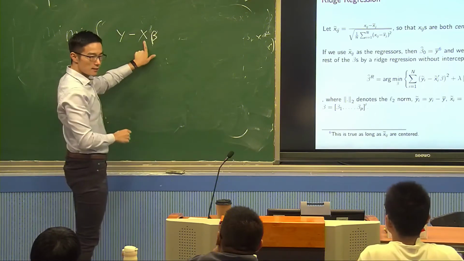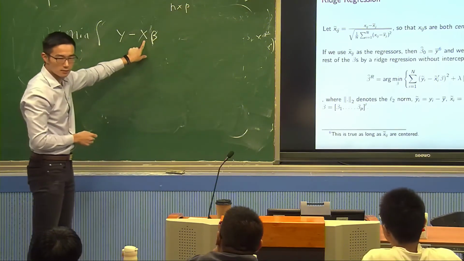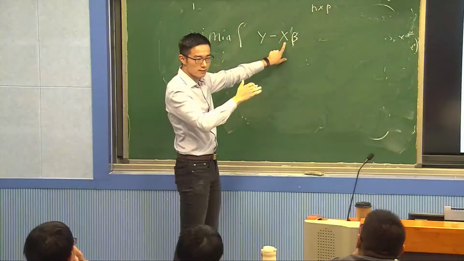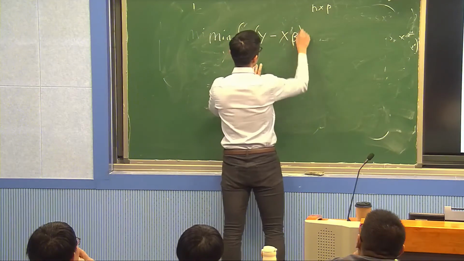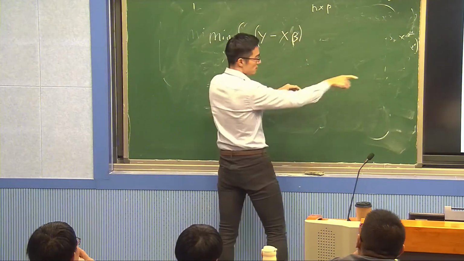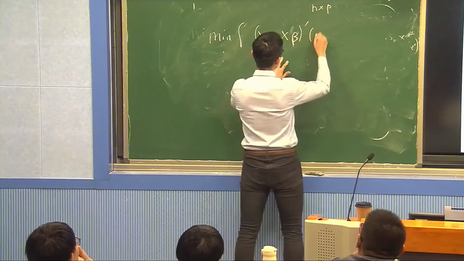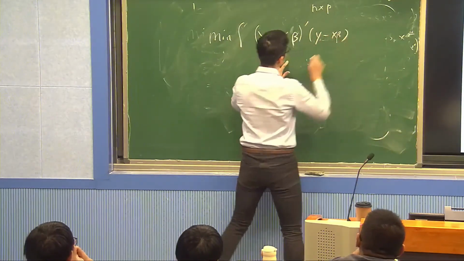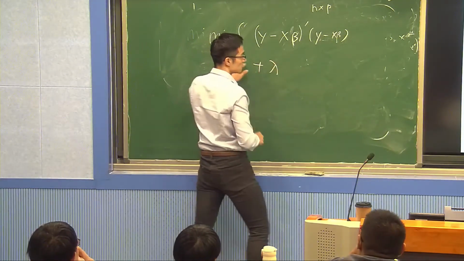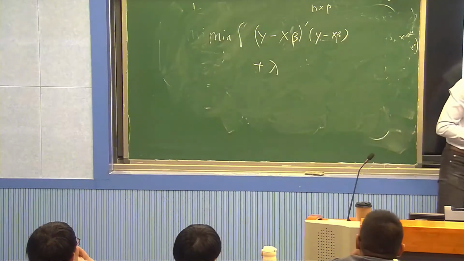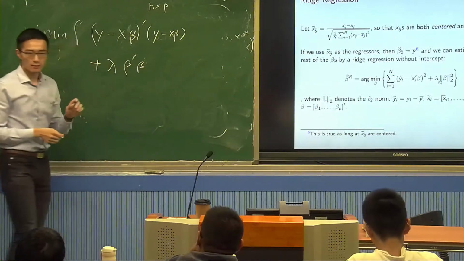This x is now an n times p matrix consisting of all the standardized x. If I want to minimize this squared thing, I'm basically minimizing y minus x beta, prime, times y minus x beta, plus lambda times the squared 2 norm of beta, which is simply beta prime beta.